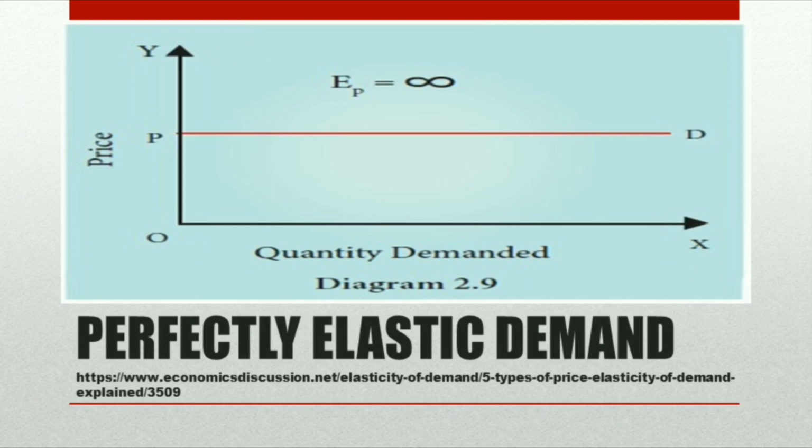Here, the demand curve is a straight line parallel to the x-axis. At price OP, a person would buy as much of the given commodity as can be obtained. That is infinite quantity.